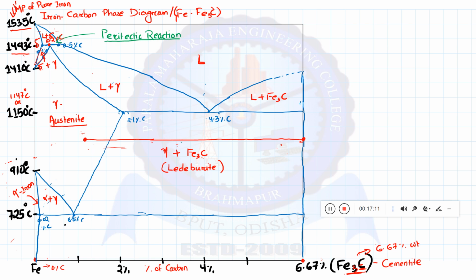And the horizontal made at 1150 degrees Celsius, at 4.3 percentage of carbon, is basically our eutectic reaction.